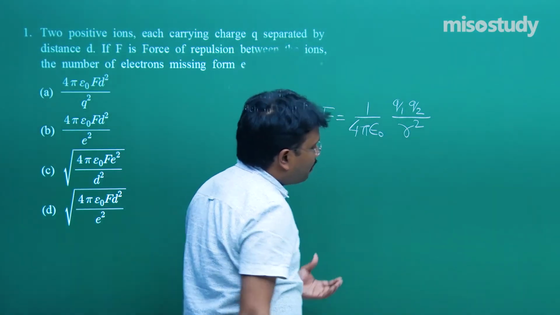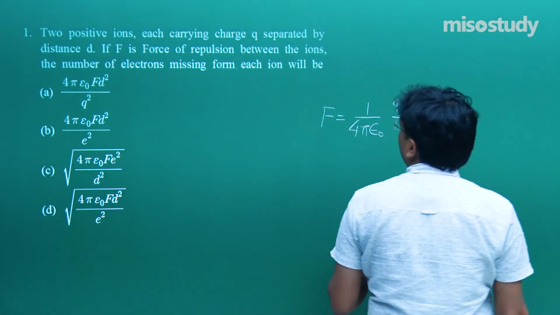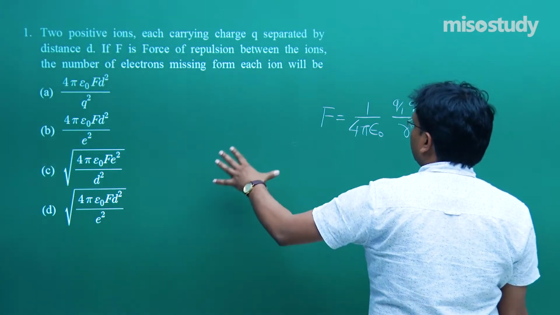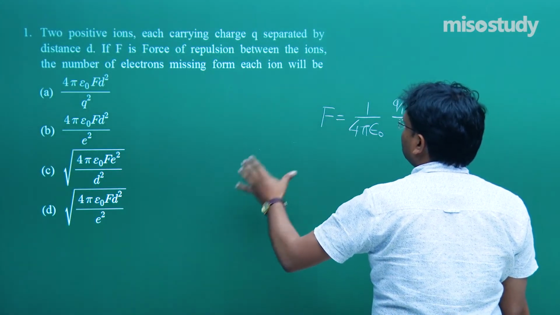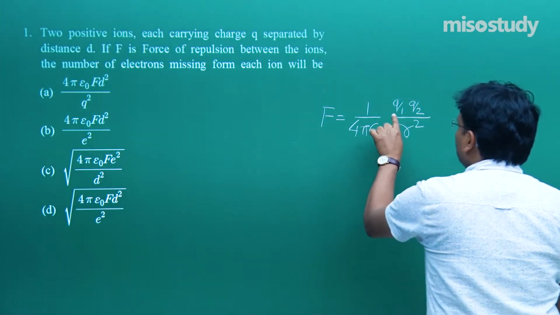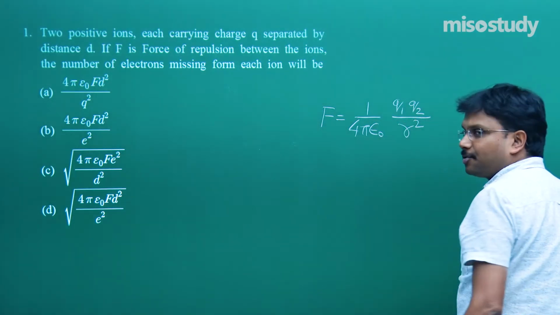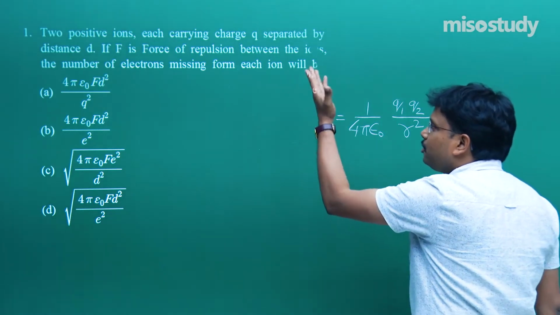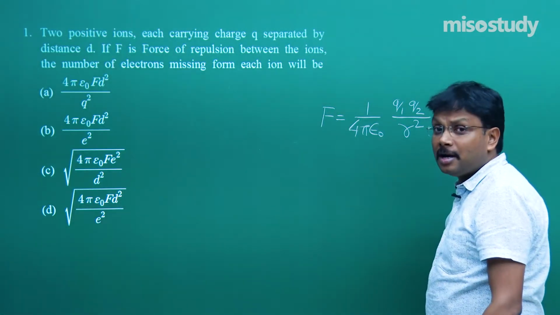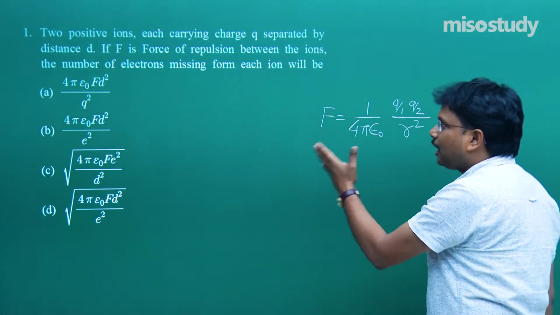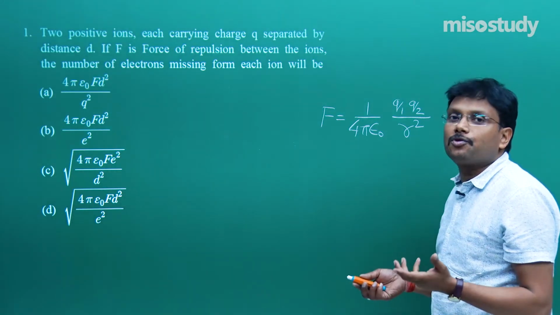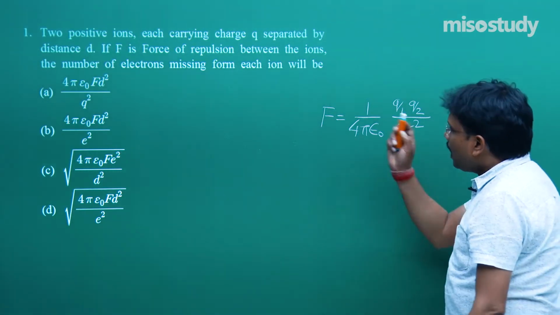This is your basic formula. It means that for two charges separated by a distance, the Coulombian force is acting like this. So don't you think this question is very simple? It is a basic application of Coulomb's force of attraction or repulsion.